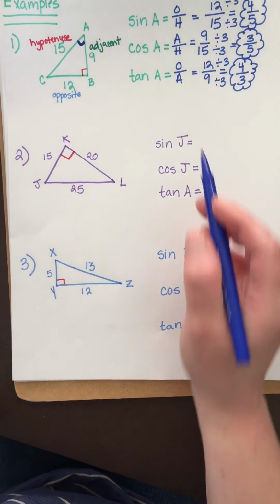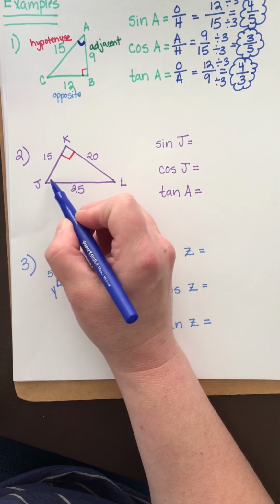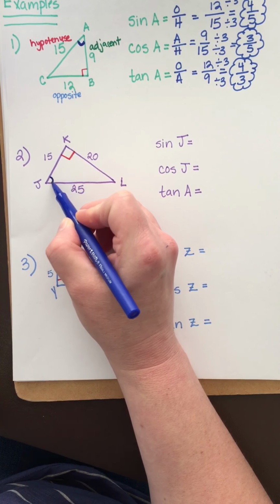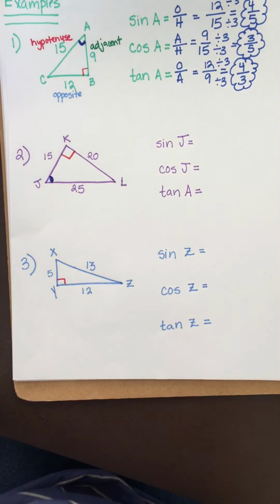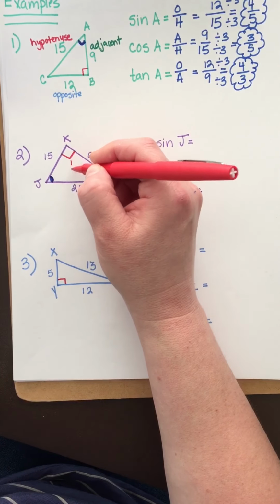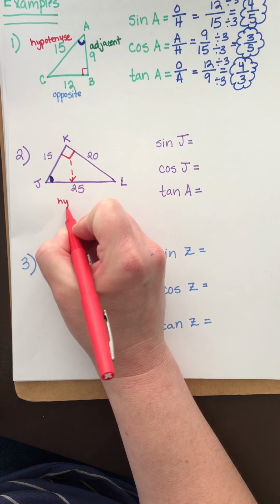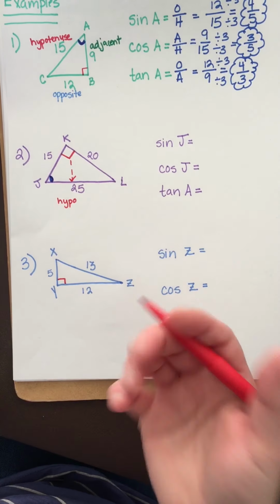All right, for number 2, we're focused on angle J. So here's J. I'm going to mark it up. Let's label the sides. So here's my right angle. The side opposite, or straight across from that, will be my hypotenuse. It's the biggest side, right?